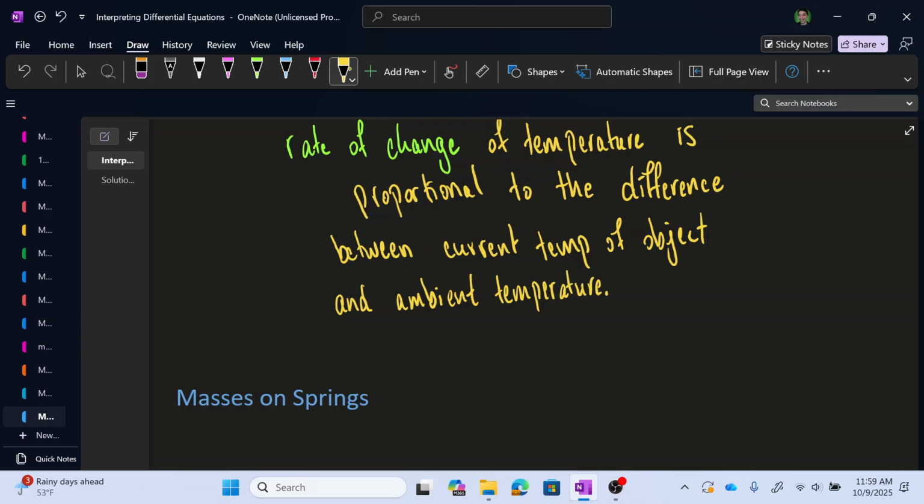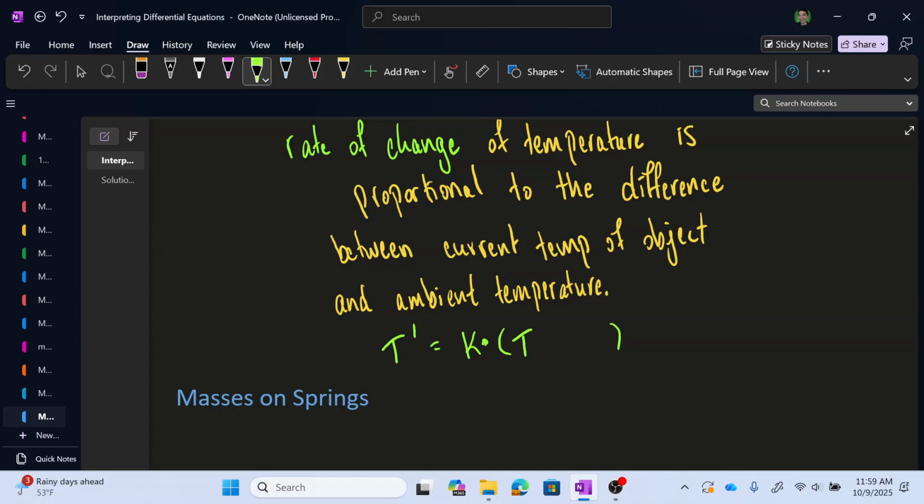So if I use my mathematical symbolic language to rewrite this statement that we just made in English, I could say that the rate of change of temperature, the derivative of temperature, T prime, is proportional to, it is some number multiplied by the difference between the current temperature of the object and the ambient temperature.